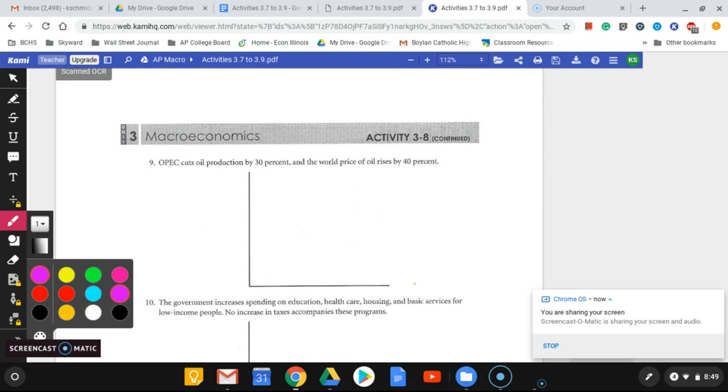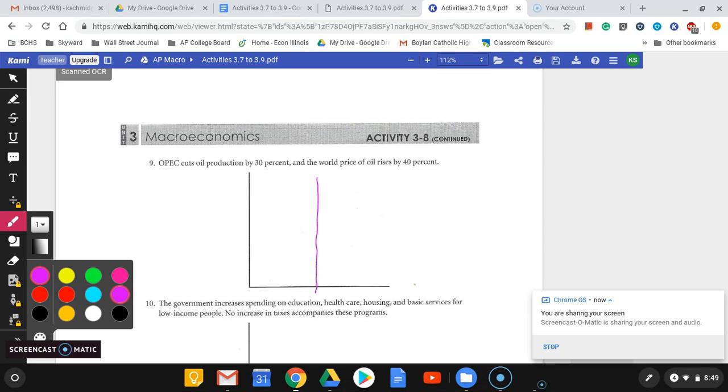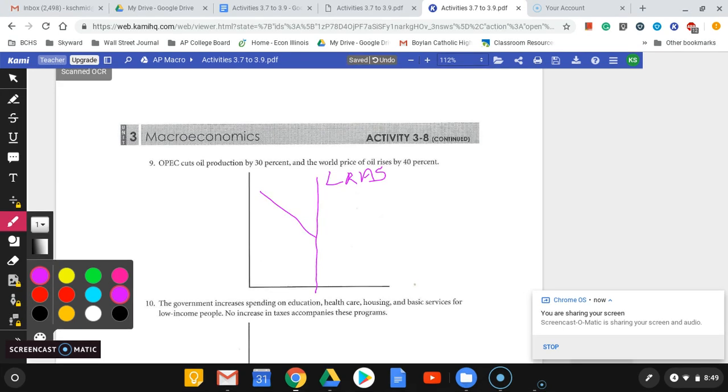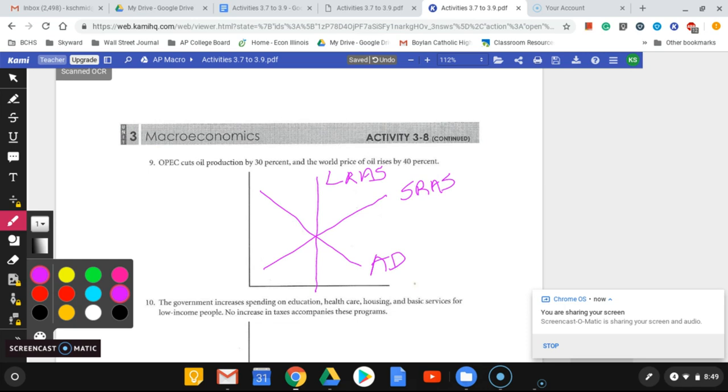And again, I'm going to start with drawing long run aggregate supply. Okay, and add AD is downward sloping, and short run aggregate supply is upward sloping.